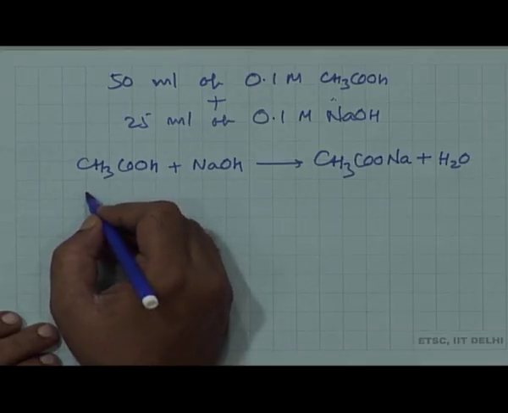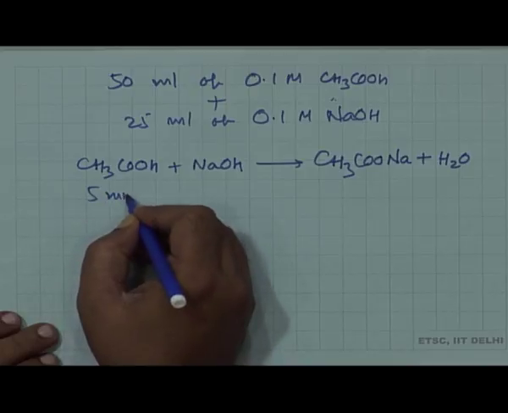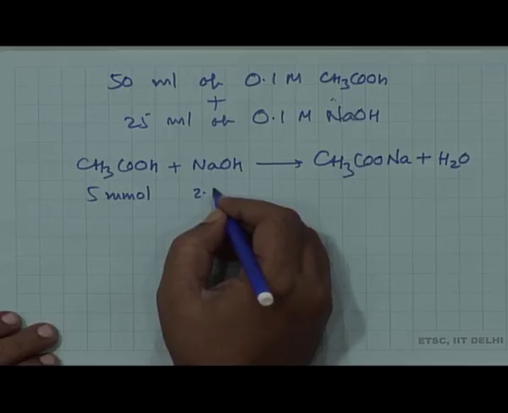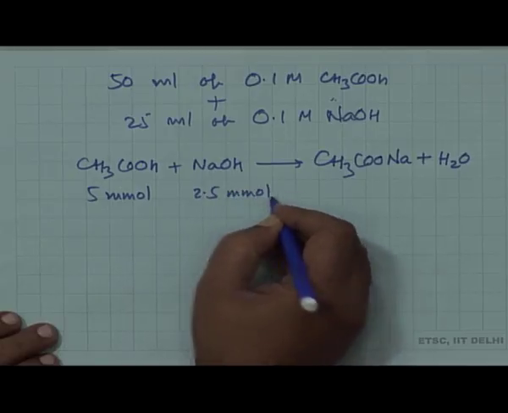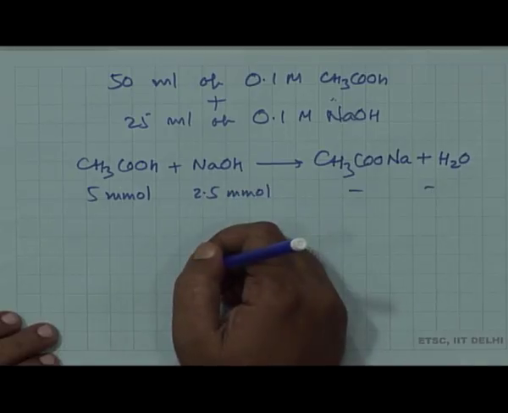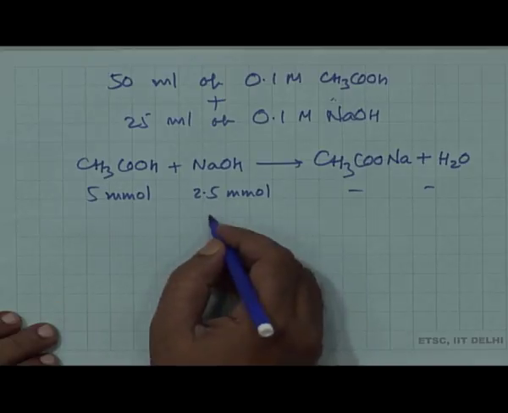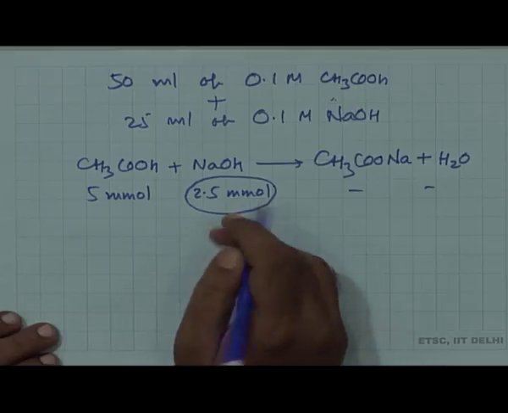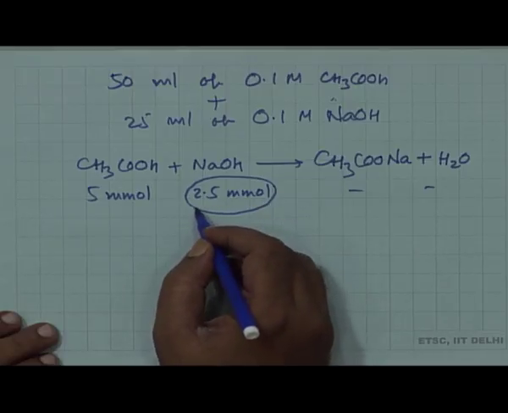You had 5 millimole of acetic acid and 2.5 millimole of NaOH in the solution before the reaction. Suppose the reaction happens, all the NaOH will go to salt, since it is the limiting reagent.